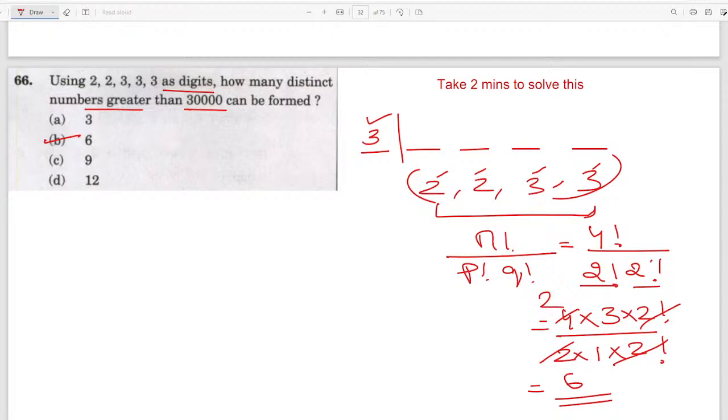If your speed is 20 to 25 questions in an hour, in 2 hours you can solve 45, 50 questions. So improve your speed. Solve as many questions as possible. And please make note of the mistakes you are making so that you don't repeat the same mistake again.